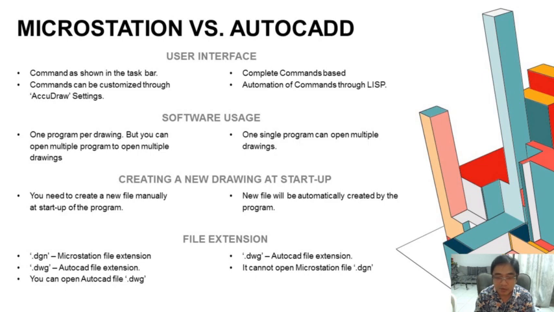In Microstation, it has commands as well, but those commands can be shown in the icons of the program. Later I will show you how to know the commands of the Microstation program.